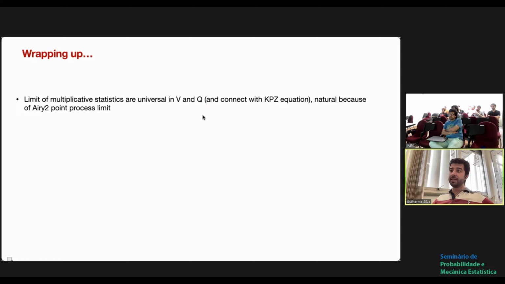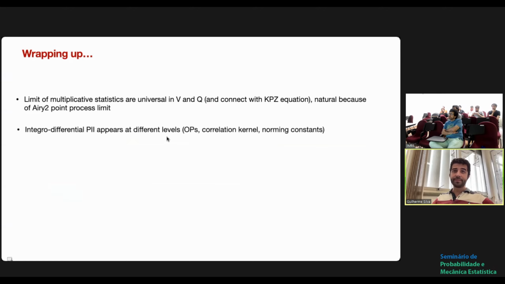And we proved a certain universality result in the sense that this general family of statistics converges in the limit to a certain function, and this function coincides with the Laplace transform of the narrow-wedge solution of the KPZ equation, and this function also coincides with a certain quantity of the Airy two-point process. And a way to interpret those results, or a way to compute the limiting objects in the results, is through this integro-differential Painlevé equation.